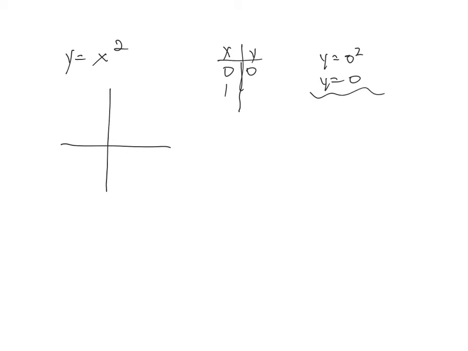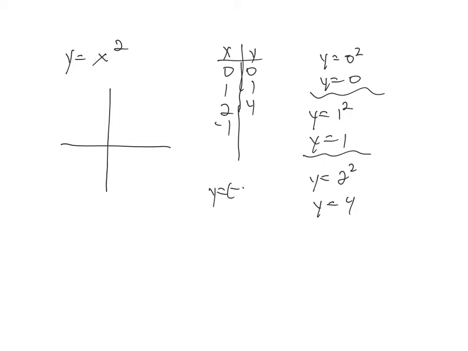If I put in 1, squared is just 1. If I put in 2, squared is 4. If I put in -1, -1 times -1 is +1. And if I put in -2, -2 times -2 is 4.